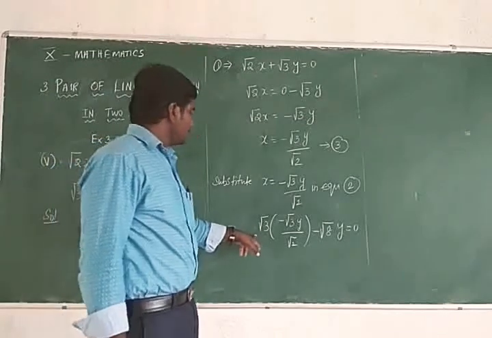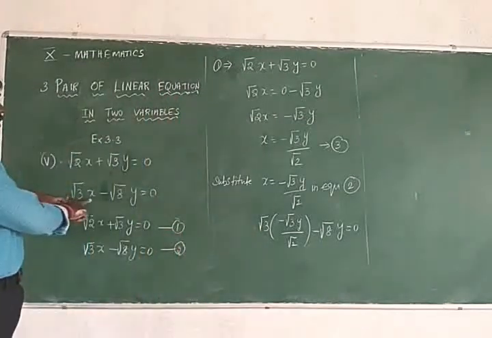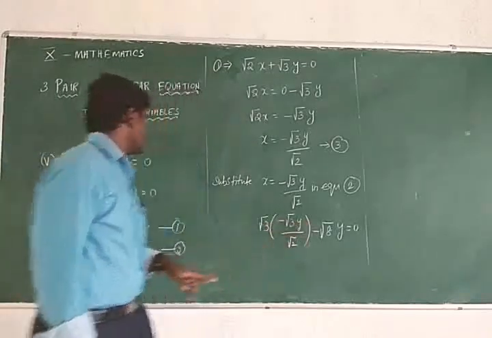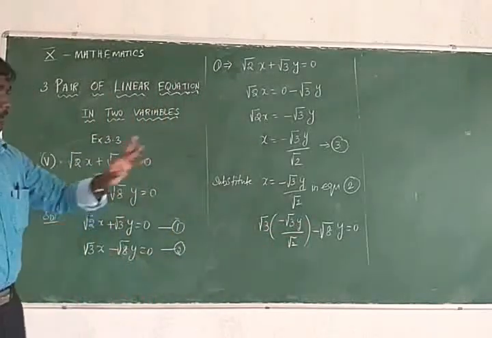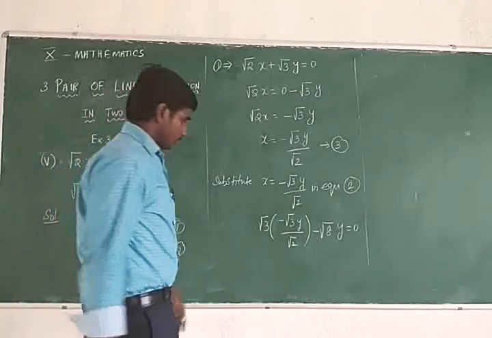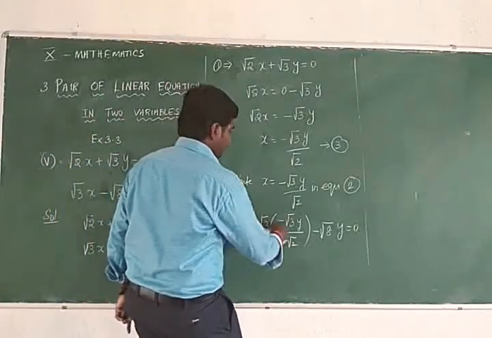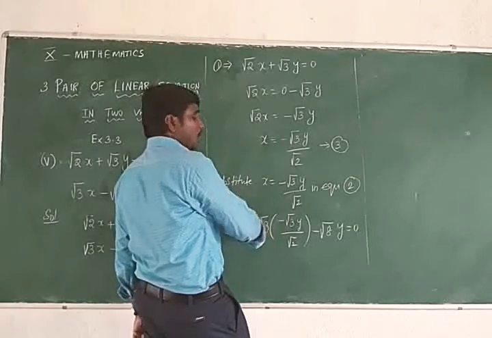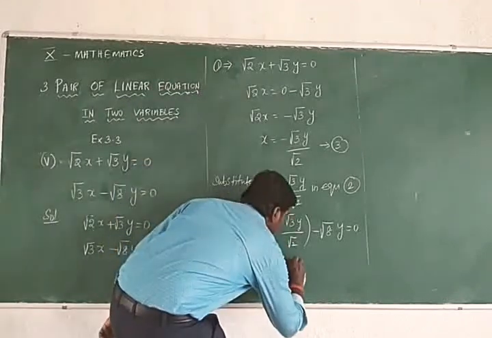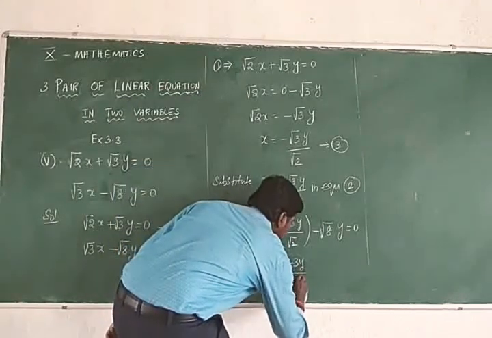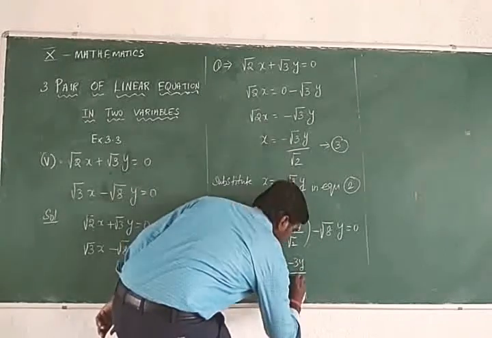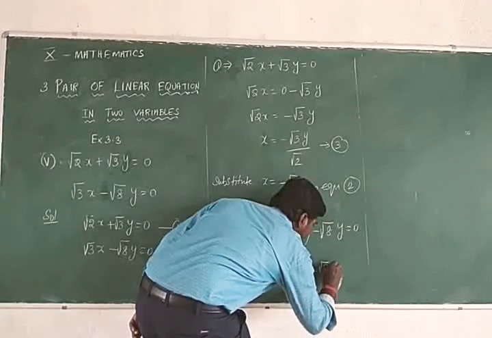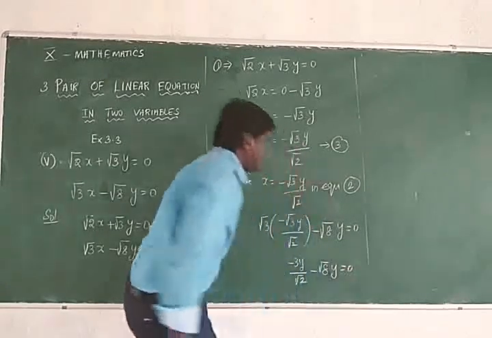Square root of 3 into the x value: minus square root of 3y divided by square root of 2, minus square root of 8y. Now multiply: plus into minus, square root of 3 into square root of 3. So minus 3y divided by square root of 2, minus square root of 8y is equal to 0.